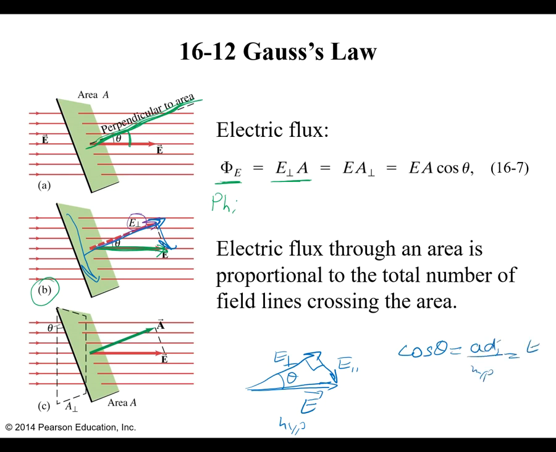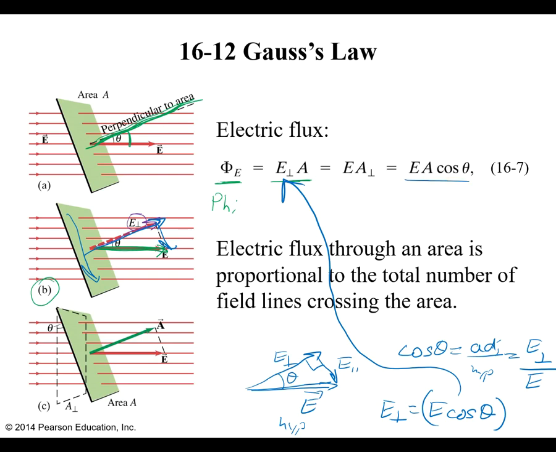So the adjacent side would be the perpendicular component divided by the total electric field. So the perpendicular component would be E cosine theta. So if we take that and we plug that in here, then we end up with this equation for the electric flux, that the electric flux is going to equal the magnitude of the electric field times the surface area times the cosine of the angle between the two.